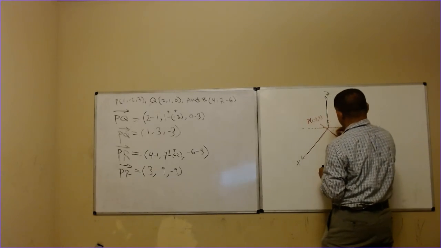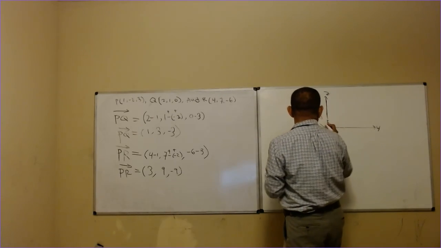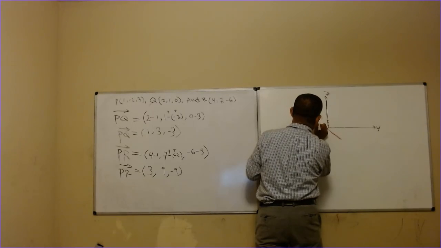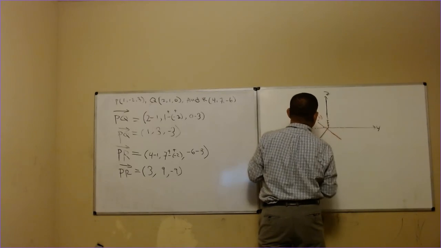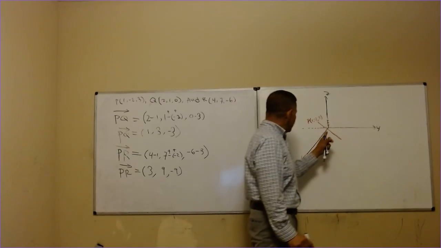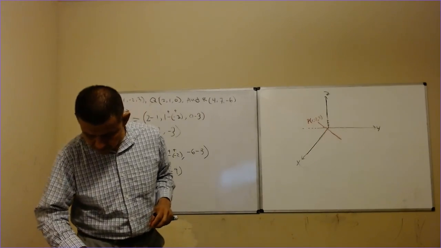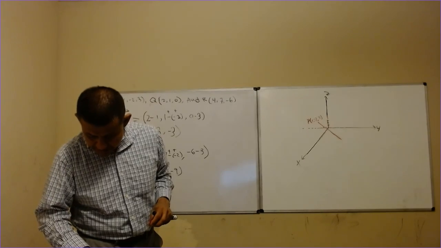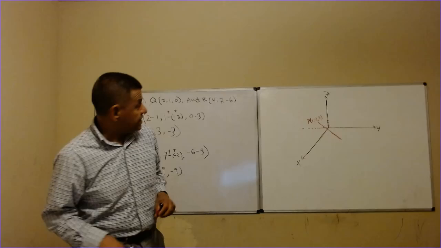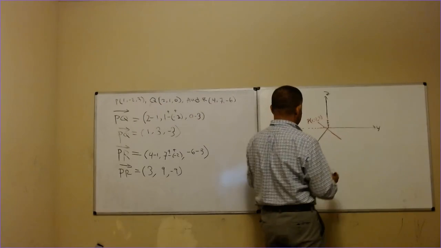Right? So at this point right here, it was this, right? So I understand this is a little high. Make a point right there. That is point P. Point Q is going to lay right there at that point. So this is going to be point Q, right?